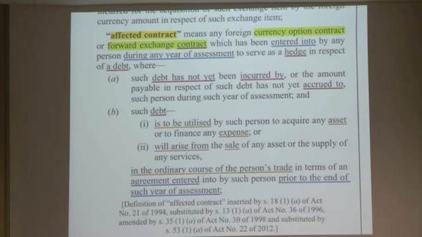But if you're going to use it to sell something, then someone will owe money to you. So the debt will be owed to you. It will arise from the sale of an asset or the supply of any services in the ordinary course of the person's trade in terms of, and this is important, an agreement entered into by the person prior to the end of the year of assessment.